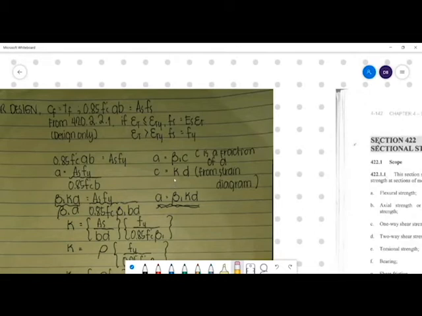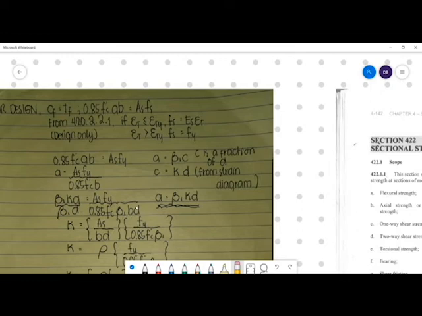So we assume that c is k times d, a fraction of d. So we put this in the derived value of a: a is equal to β1 kd. So β1 multiplied by kd is equal to As Fy over 0.85 f'c multiplied by b d.